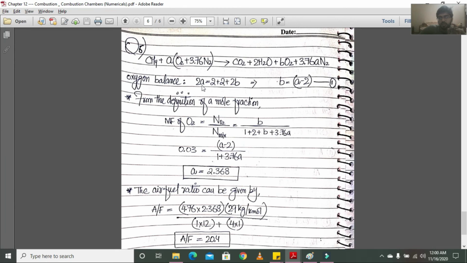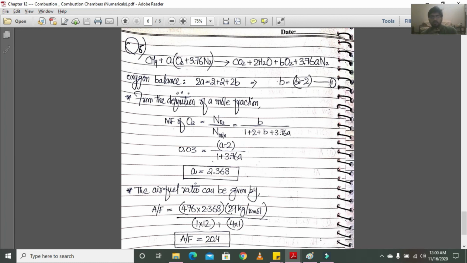I will rearrange this equation to obtain the value of B, and it is coming out to be A minus 2. So this is the equation which we get by balancing the oxygen.